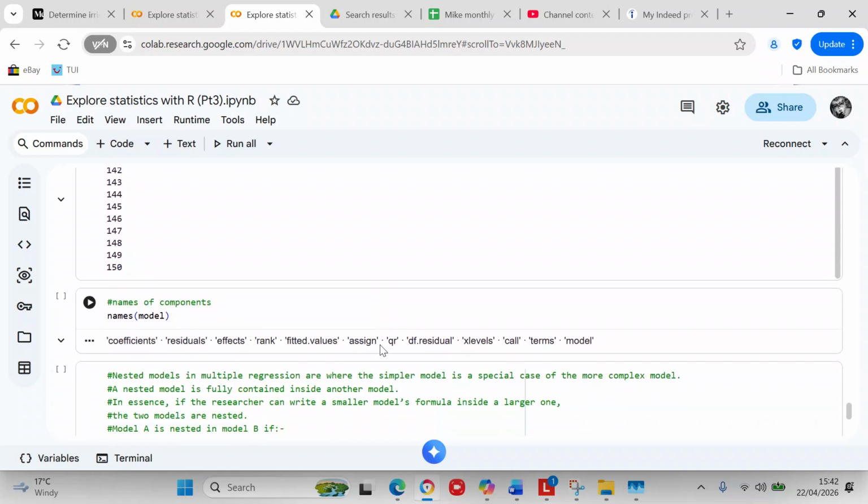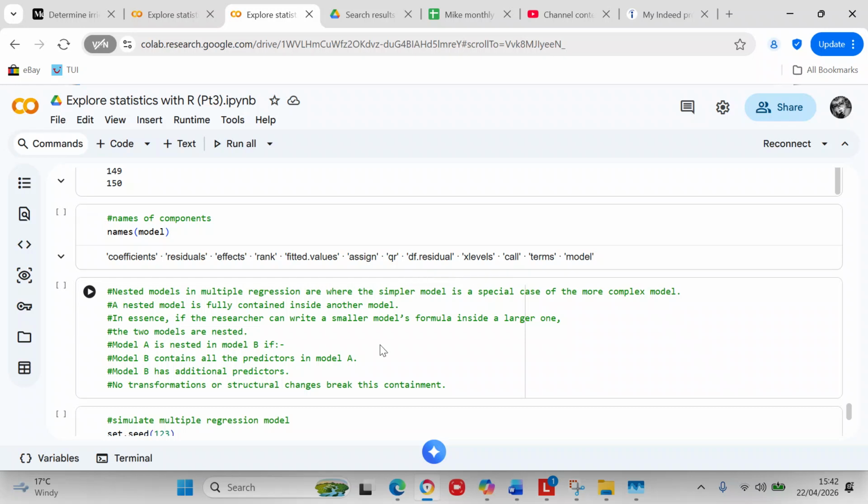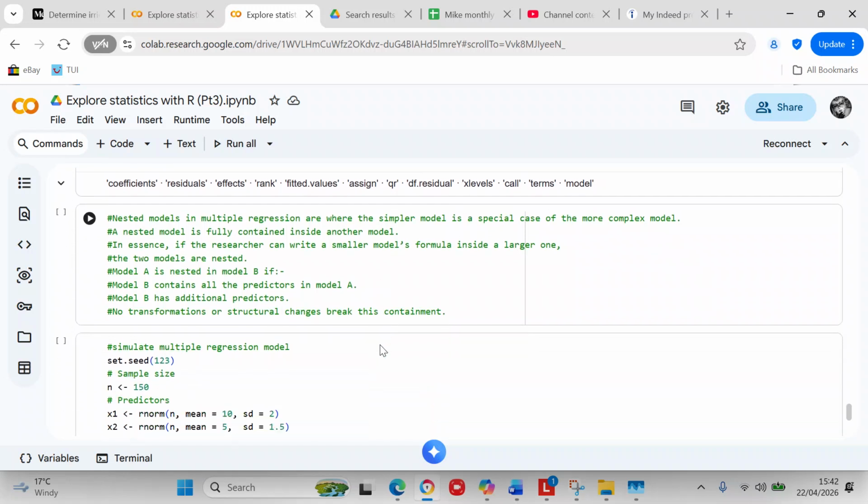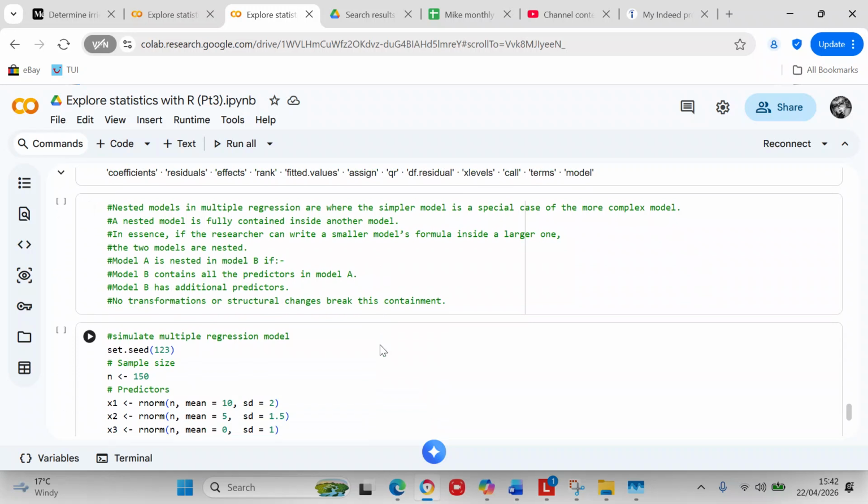You've got the names of components. So that's going to be names brackets model. And so the components are coefficients, residuals, effects, rank, fitted values, assign, qr, df.residual, xlevels, call, terms, and model. And so now what we're going to talk about is nested models.